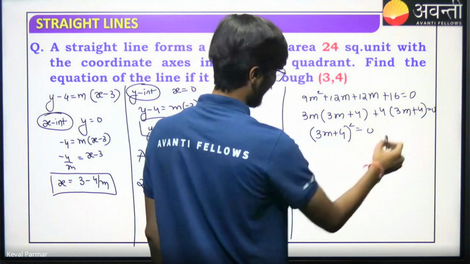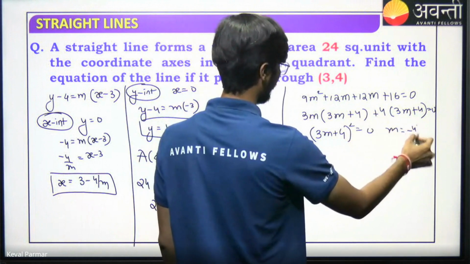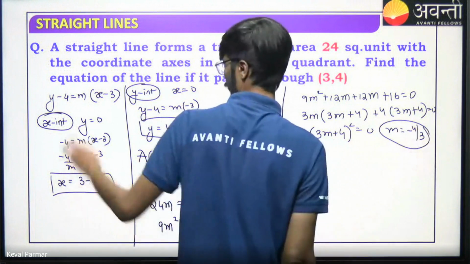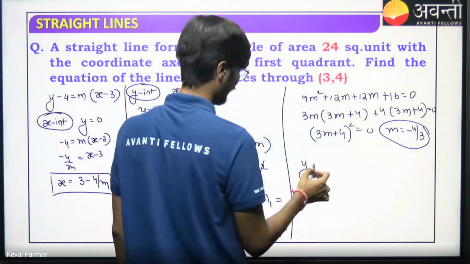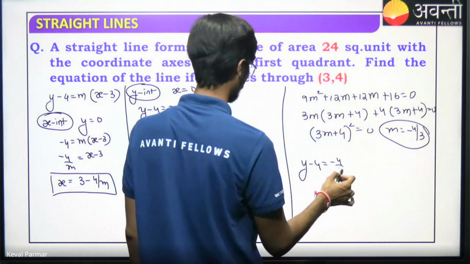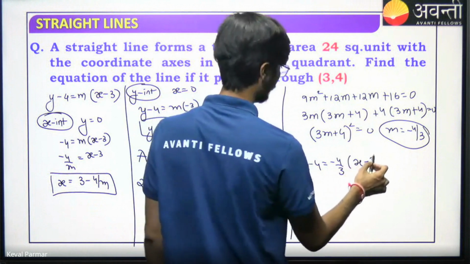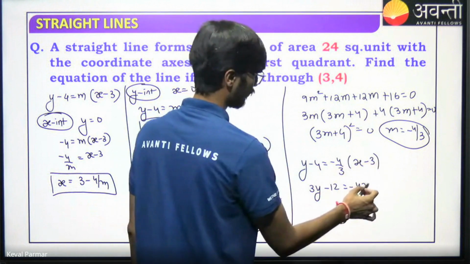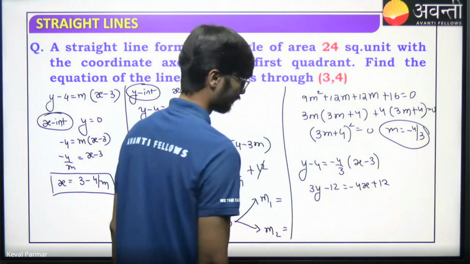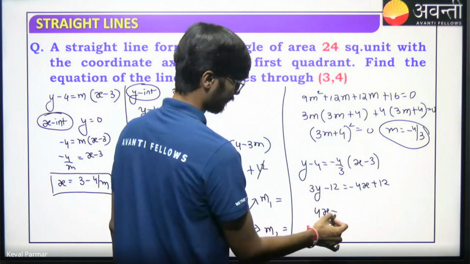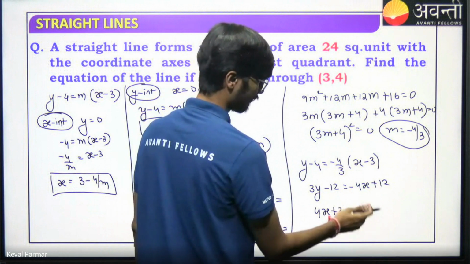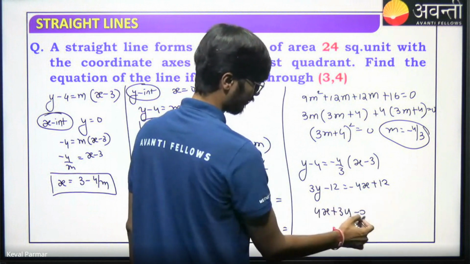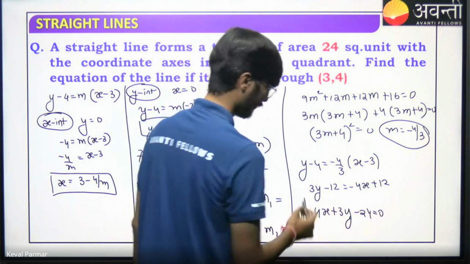That means m is minus 4 by 3. Substitute the value here. So I'll get y minus 4 equals minus 4 by 3 times (x minus 3). So 3y minus 12 equals minus 4x plus 12. So 4x plus 3y minus 24 equals 0. This is my answer.